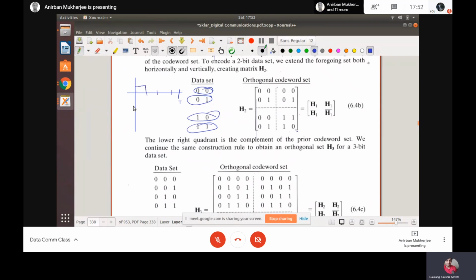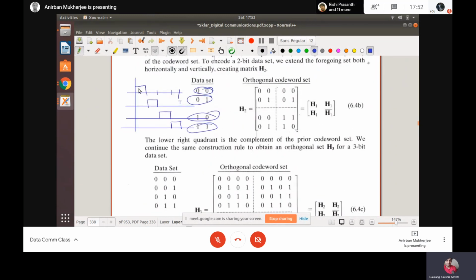For the second one, I am sending these pulses. For the third row, these pulses. For the fourth row, these pulses. They are all orthogonal, and that's why it's called an orthogonal codeword set. It is like that only.